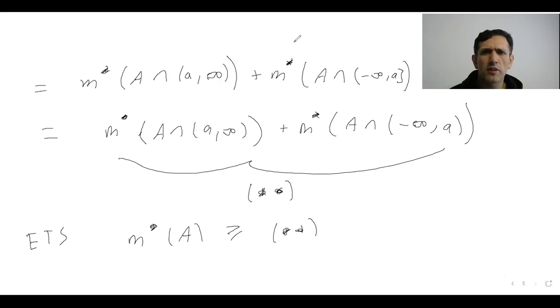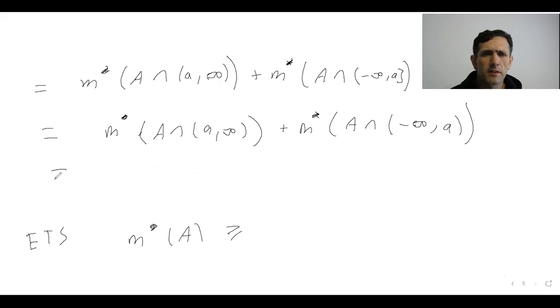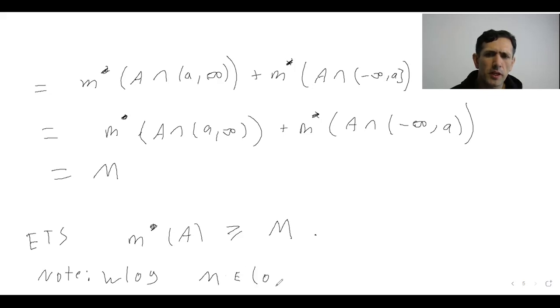So actually, let me call this M rather than double star star. Okay, so without loss of generality, I can assume that M is strictly between 0 and infinity.